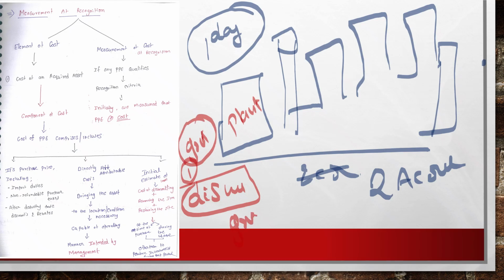So this is the cost of dismantling. You should dismantle all these items when you go from this place to another place. So this cost is also indirectly involved from your acquisition. After you acquire this plant, you should dismantle it.